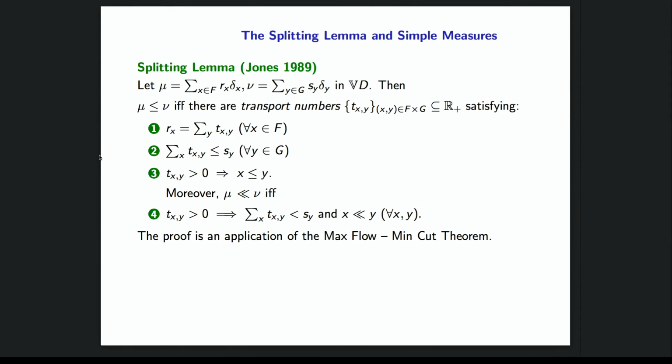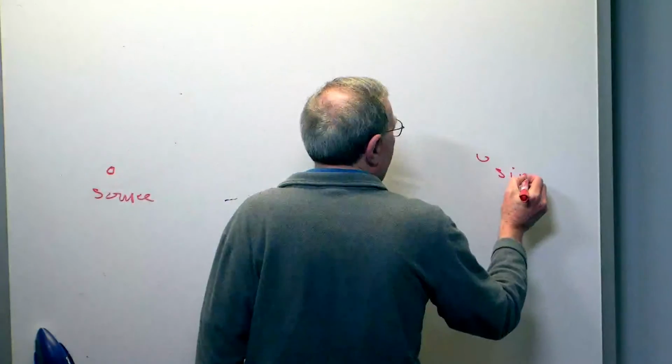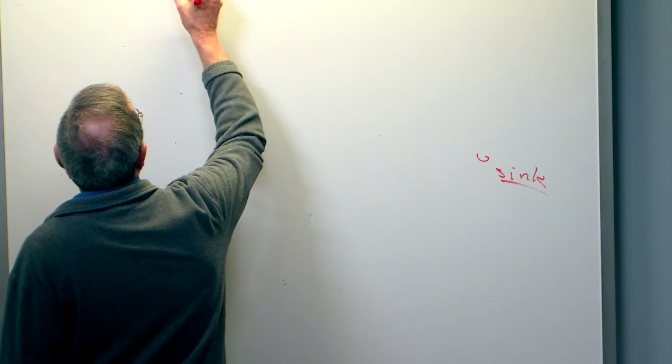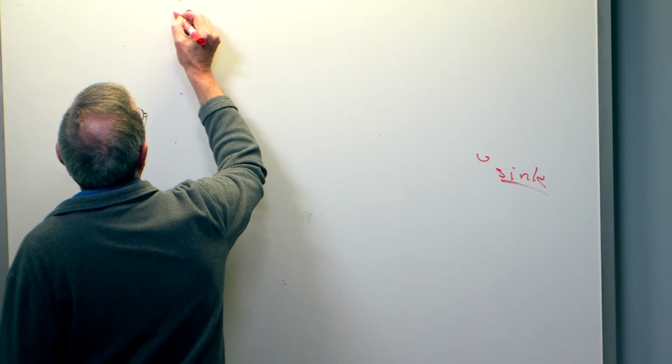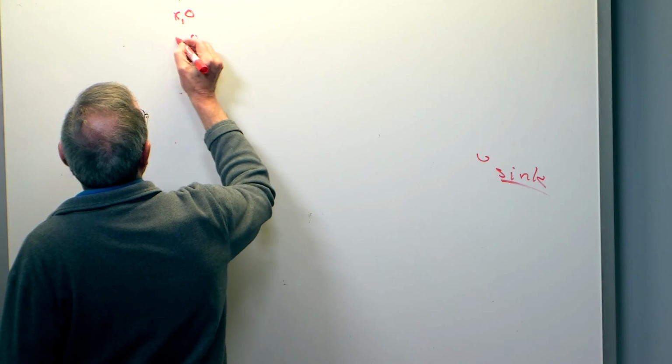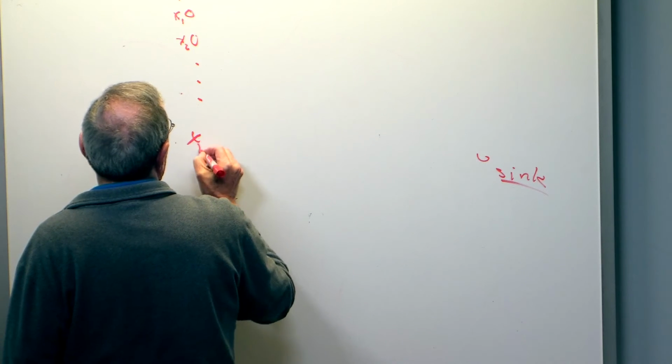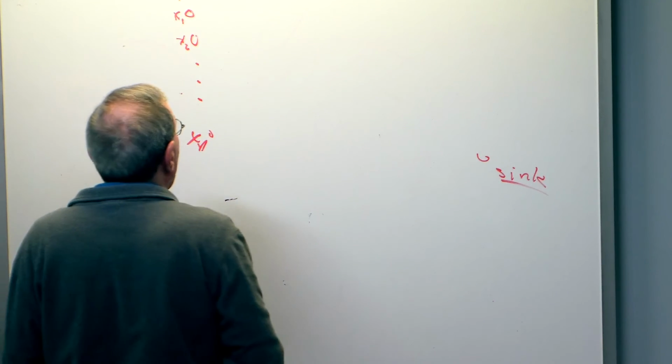So let me draw you a picture which explains why this is a max flow min-cut application. Let's take a point over here and talk about this as the source. Let's take another point over here as the sink. And now what I'll do is I'll put f here. So here's x1, here's x2, here's x sub n, say, where that's the last element in f.